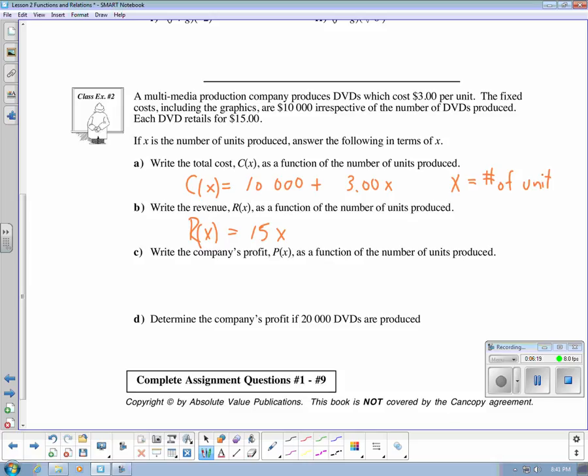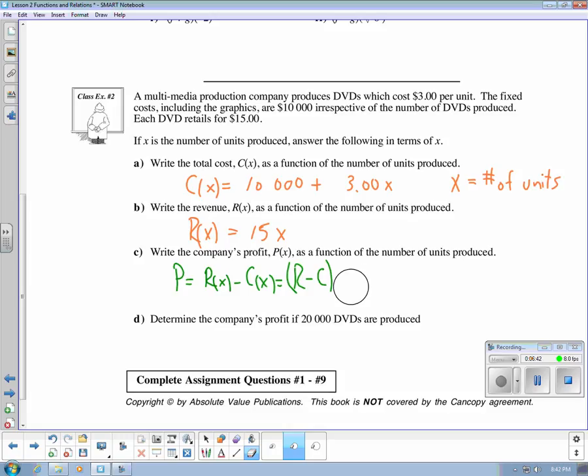x is the number of units. And now I get to make a profit statement. As a businessman, I'm looking to make profit, and profit, P, is my revenue statement minus my cost statement, or R minus C evaluated at x.